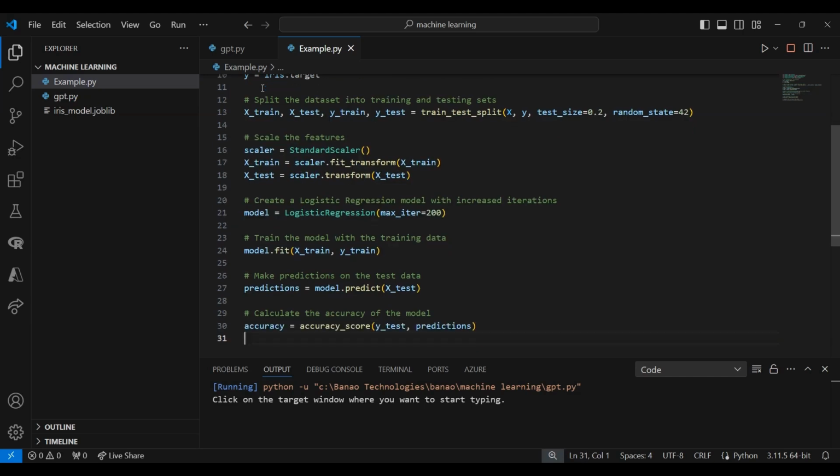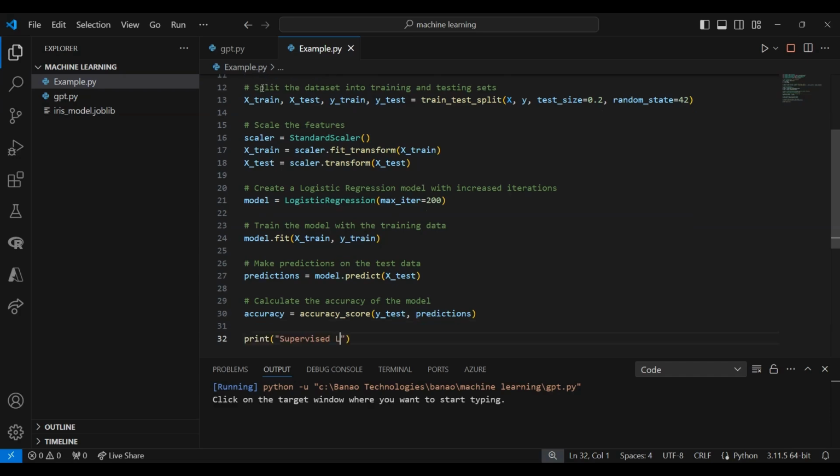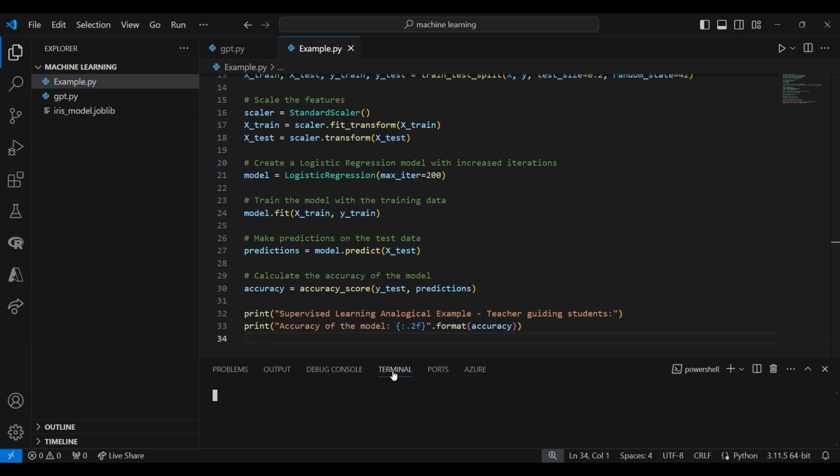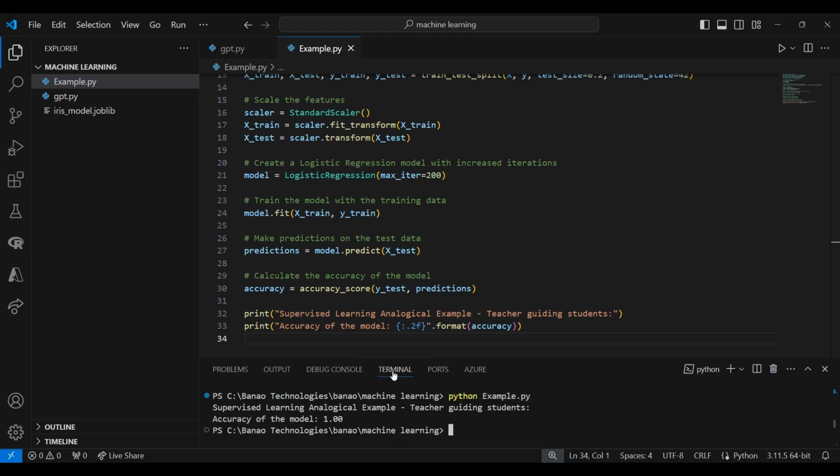The accuracy, which indicates the proportion of correctly predicted labels, is computed using accuracy_score and displayed in a human-readable format. Analogously, this process mirrors the concept of a teacher guiding students in a classroom. Through the iterative process of learning from examples, the model extrapolates patterns and provides accurate predictions, akin to how students would solve problems using learned concepts.